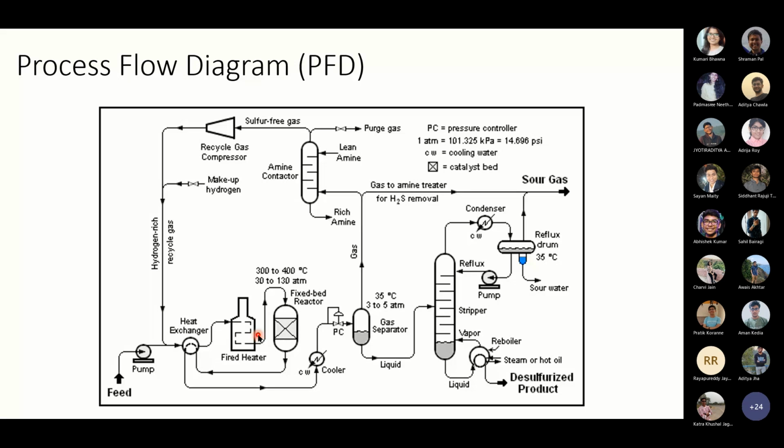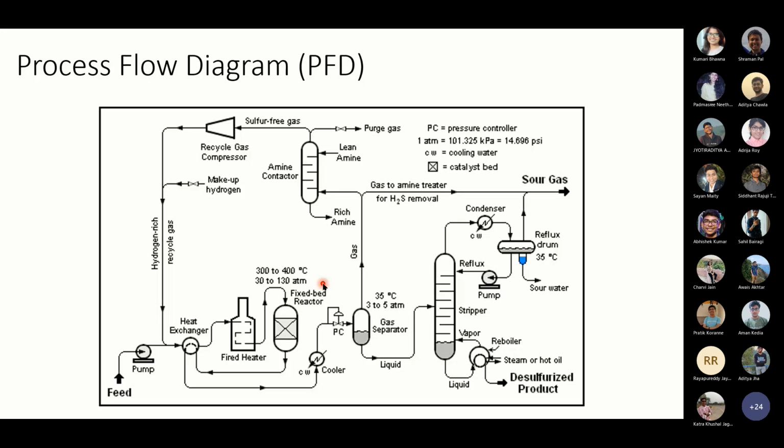Instead of just putting up a process flow diagram and explaining it, I want to explain how each thing comes about, starting from the feed: why we use a pump, why a heat exchanger after the pump, why we are using this reactor, what the need for the reactor is. I want to explain one by one so that you don't have to memorize any process flow diagram. If you understand some of the basic details, you will be able to construct your own process flow diagram.